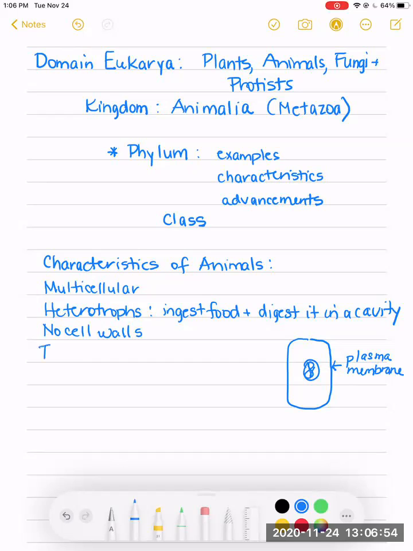Animals have tissues, all but the sponges. And tissues are a group of cells working together to perform similar functions.